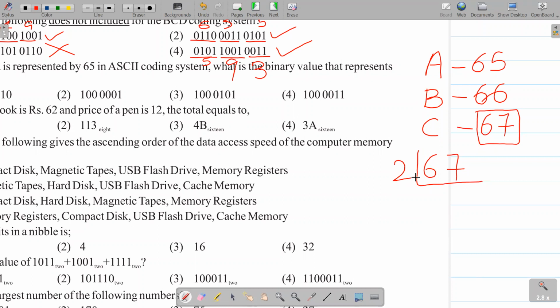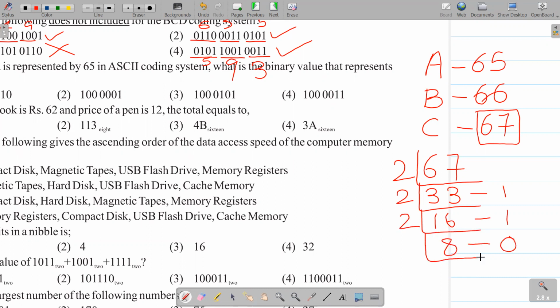You can just divide it by 2. It gives you 33, 1 remaining. 16, 1 remaining. 8, 0 remaining. 4, 0 remaining. 2, 0 remaining.